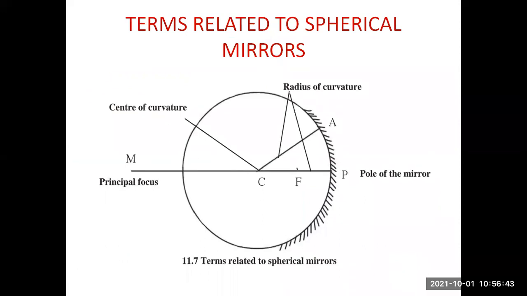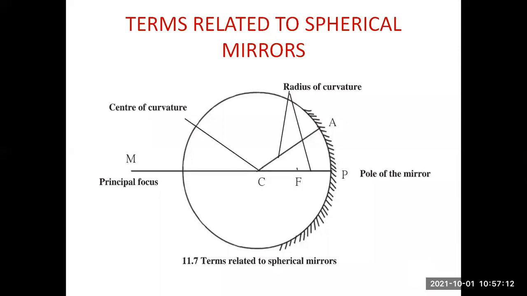Okay. Before going to the diagrams, let's revise these terms related to spherical mirrors so that you will understand properly when we see all those diagrams and how images are formed in them. Okay. First of all, capital C, which is the center of this circle, is called the center of curvature.